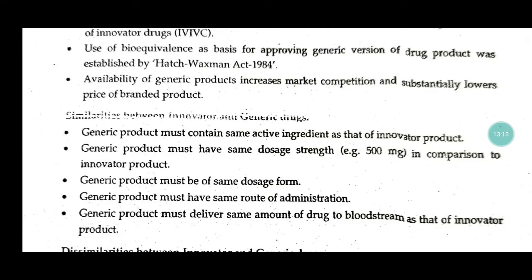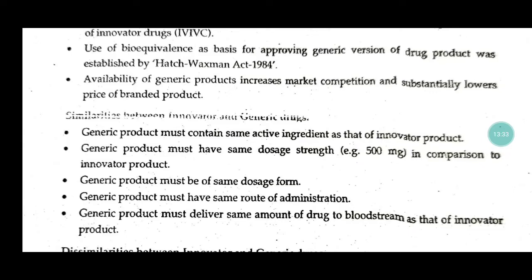So the generic drugs must contain the same active ingredients as the innovator products, where the generic product must have the same dosage strength, for example 500 mg, in comparison to the innovator product. Generic product must be the same in dosage form.